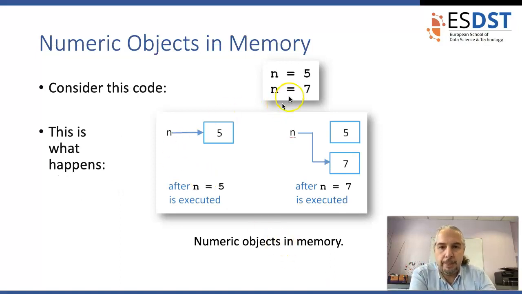So that is what happens. If I say n is equal to 5, after n is 5 is executed, the variable n is 5. But if I say n is 7, then it goes to another memory location and stores 7. Very important, keep that in mind, because later on we will see why this makes our lives easier sometimes and more difficult others.